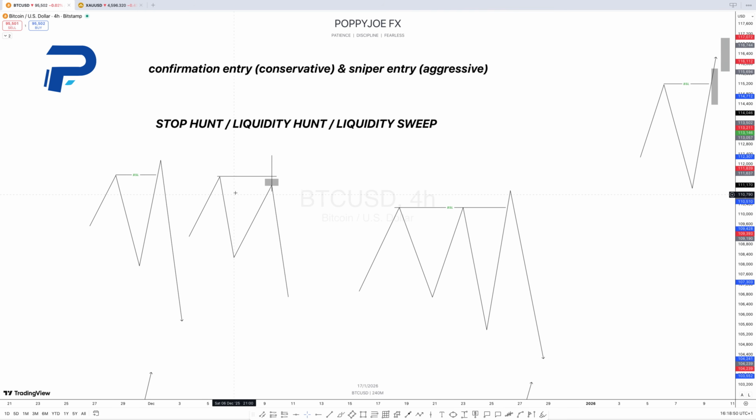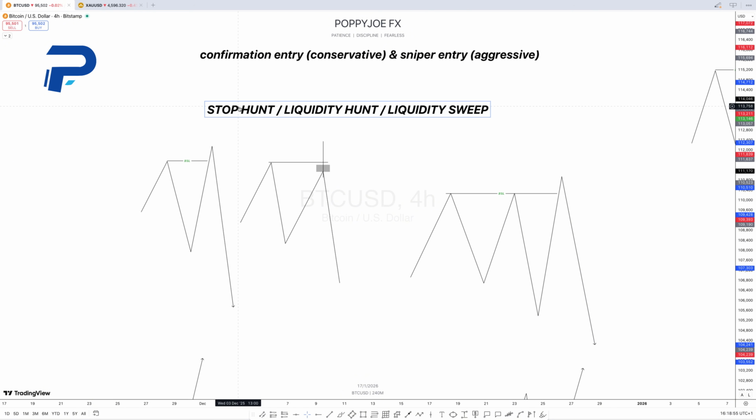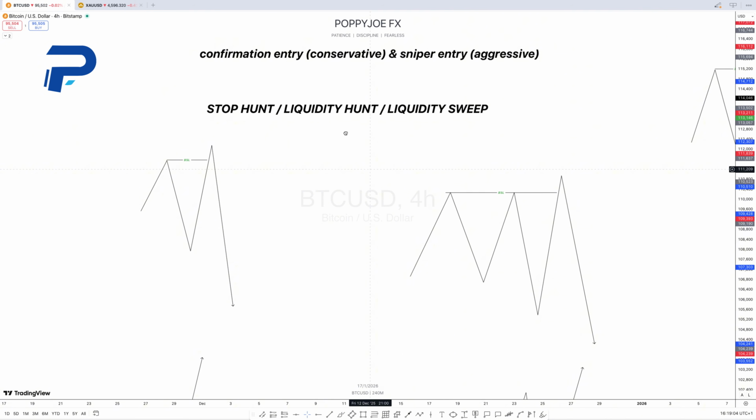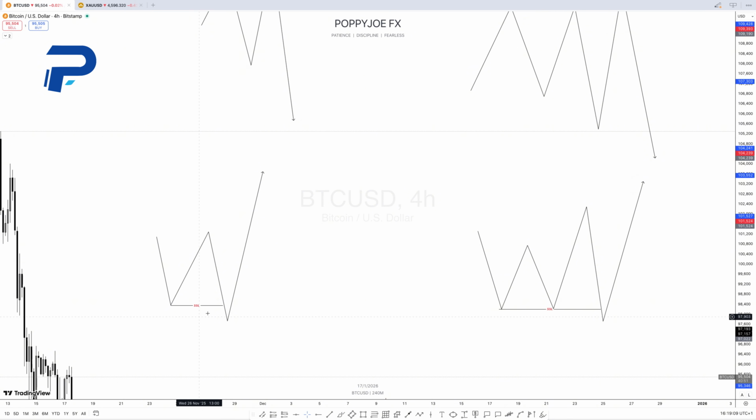But when price fails to close above a swing point or an equal high, it's a sign of what we call a stop hunt, and that indicates a reversal happening. So we can have that happening at the swing high or also at an equal high like we have over here. Above this equal high, we have liquidity resting above it. Same thing below as well. Below a swing low, liquidity is resting. Below an equal low, liquidity is resting.